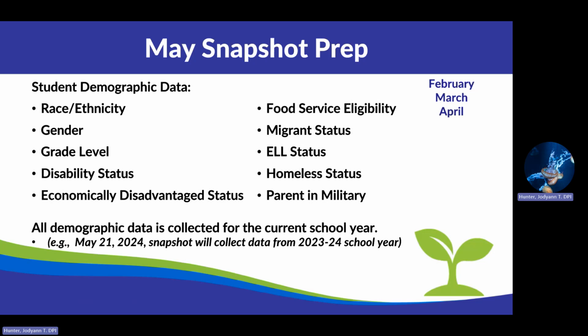Please keep in mind that all the demographic data is collected for the current school year. For example, this year in May, Snapshot will collect data from the 2023 to 2024 school year, which will be the current school year.